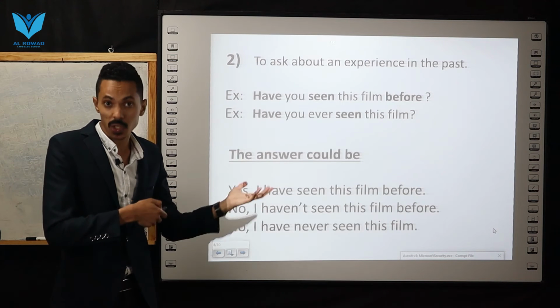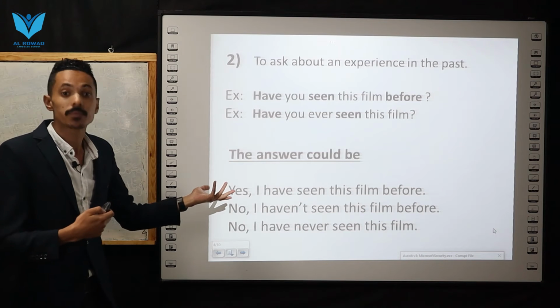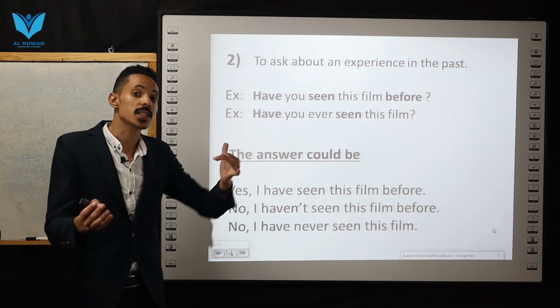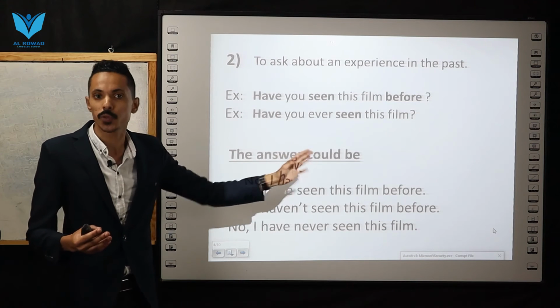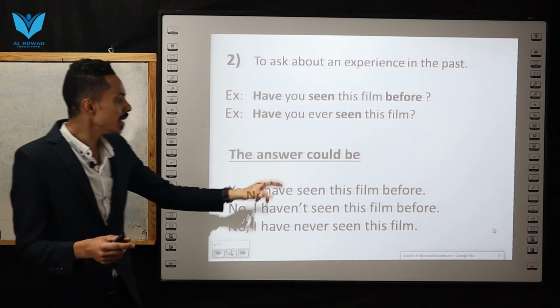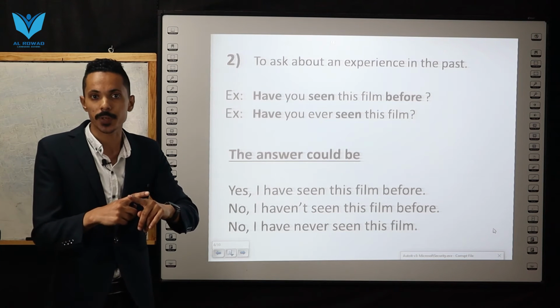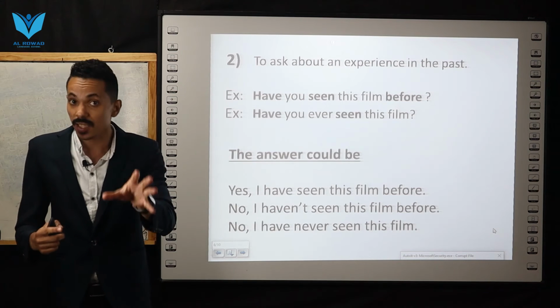And the answer could be, I have seen this film before. Yes. So if you really did this experience in the past, you will say, yes, I have seen this film before. So also, you can use before to answer about positive experience. Positive experience is an experience you really did.